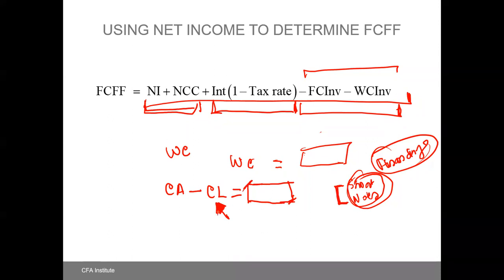So I'm actually including the operating current liabilities, not the financing current liabilities. They are current liabilities, but our concern is to calculate the investment required for the difference between the current operating assets and the current operating liabilities. So think of it in this way.